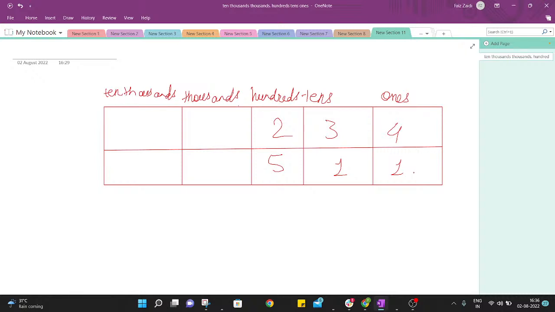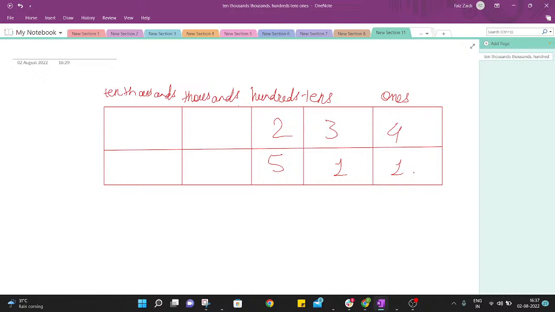When I was telling you about the previous numbers, I told you to compare the largest place value first, and in 234 and 511 the largest place value is 2 and 5 respectively. Basically in 234 the hundreds place value is 2, and in 511 the hundreds place value is 5.